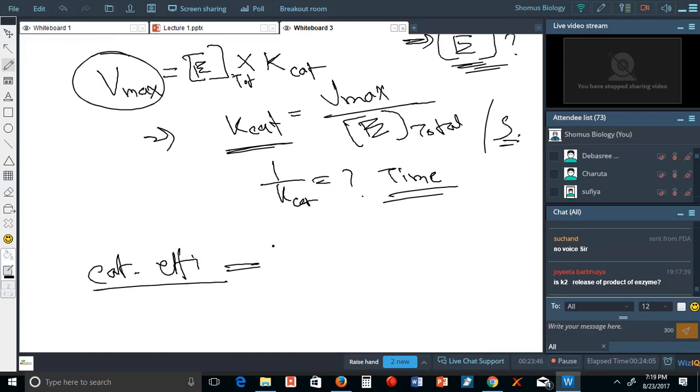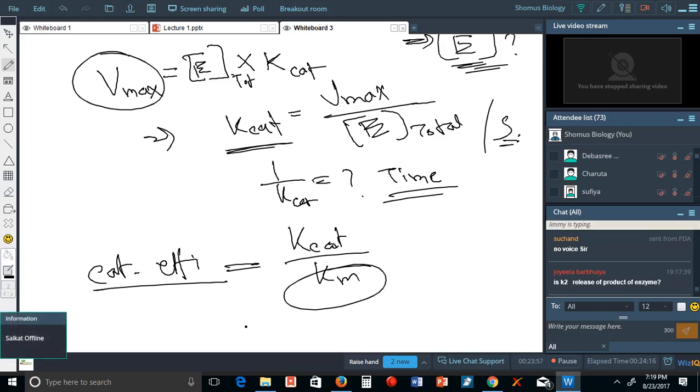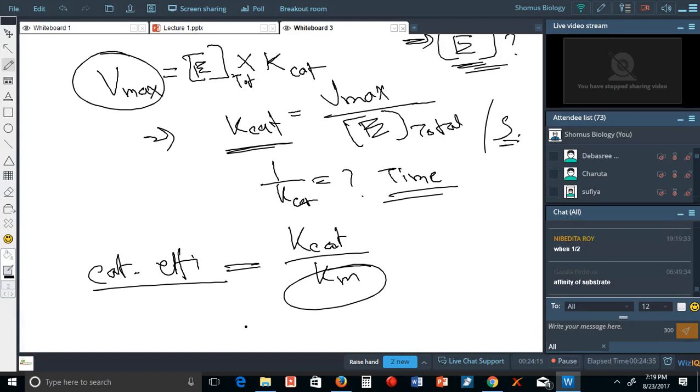What is catalytic efficiency? Kcat by Km. Now what is this Km? Km is the substrate concentration at which the enzyme reaction reaches half the maximum velocity.